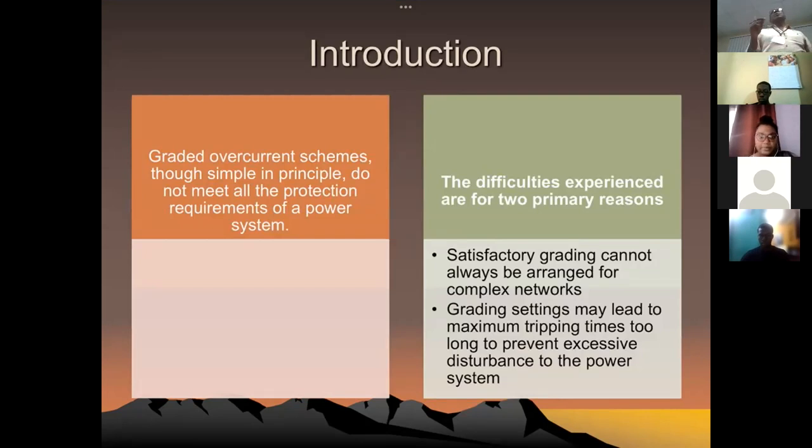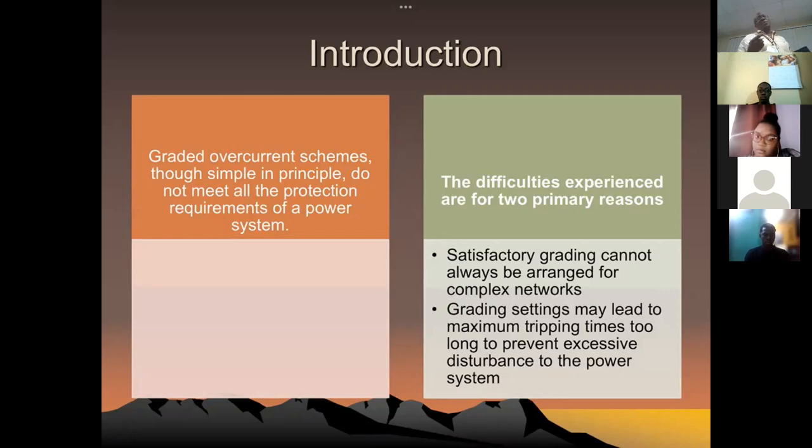If you had gone through the grading exercise, what you would have noticed is that as you went back towards the source, the closer you got to the source, and you went upstream, the time dial settings became larger. And of course, the operating times going back to the source also became larger.